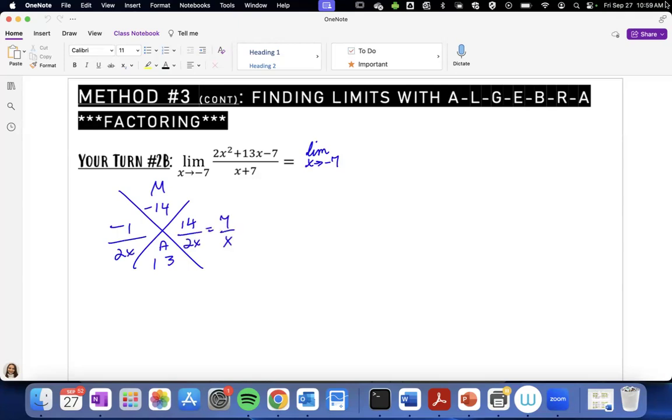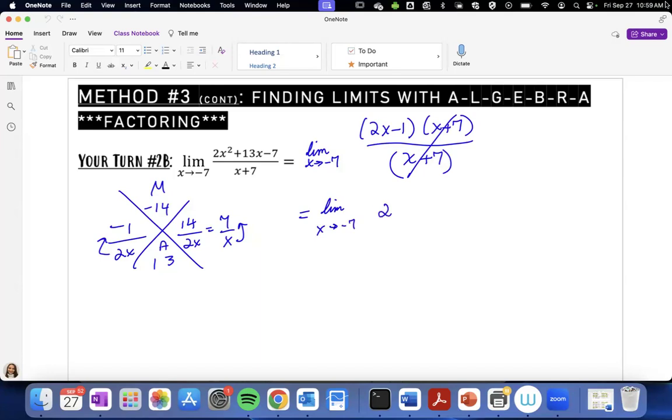Did you guys reduce in the X method? Check your factors. Also, at this step that I just wrote, you do have to put parentheses around 2x minus 1, because otherwise it looks like you're just taking the limit of 2x and then subtracting 1 from it.